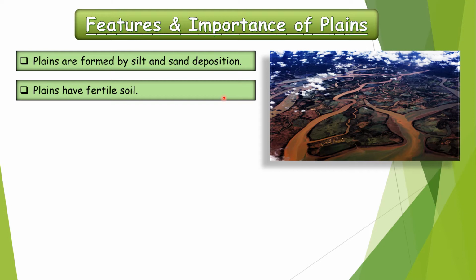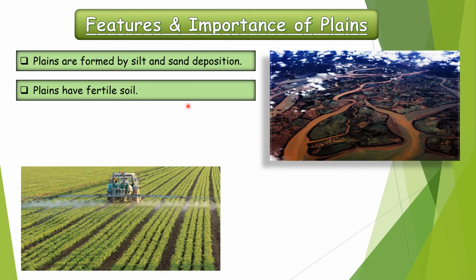That is why silt is very important and it makes plains fertile land. Fertile land means good for agriculture. Is it clear? Plains have fertile soil because they are formed by silt.